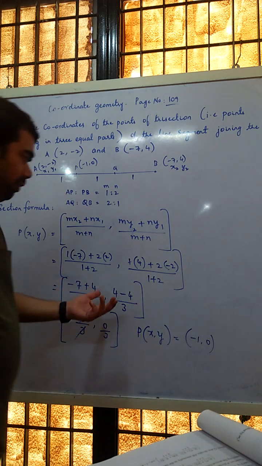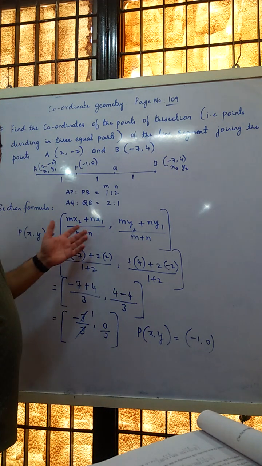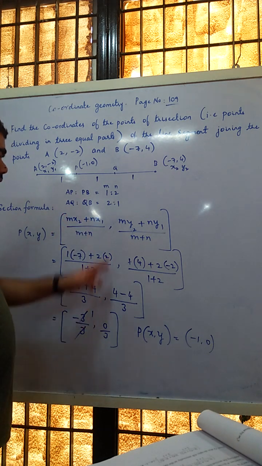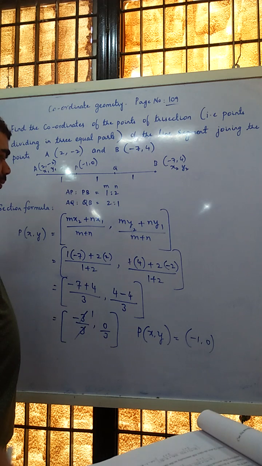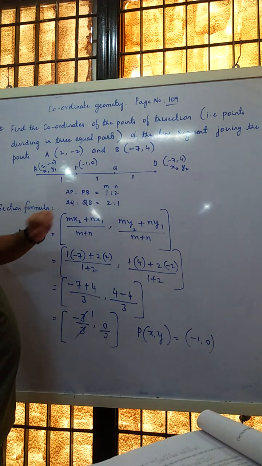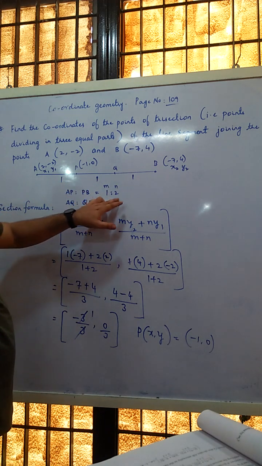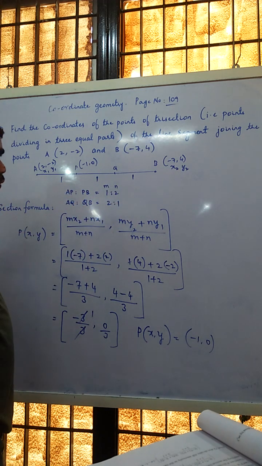Please look at the board very carefully. We have a very simple equation, the section formula: (m x2 plus n x1) by (m plus n), (m y2 plus n y1) by (m plus n). P divides line segment AB in the ratio 1:2, that's why we have taken m is to n as 1:2.